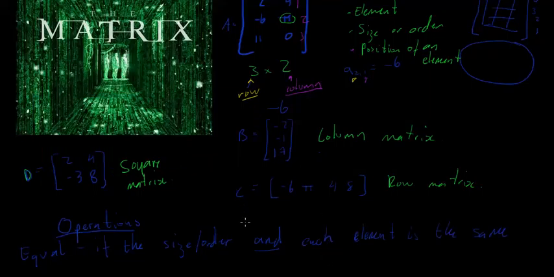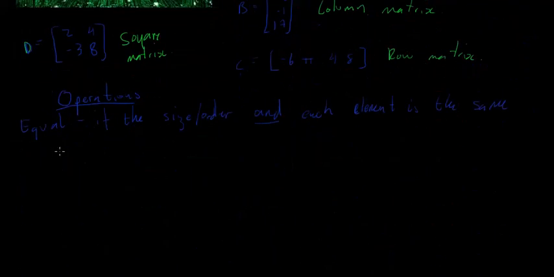An example might be that if we know that matrix A, B, C, D is equal to matrix 1, 7, -6, 5, then we can say that A must be equal to 1. We say that A must be equal to 1 because first of all, we know these two are the same size.